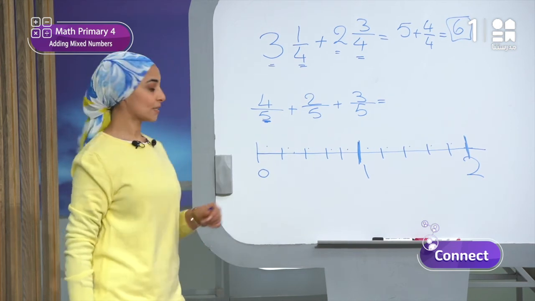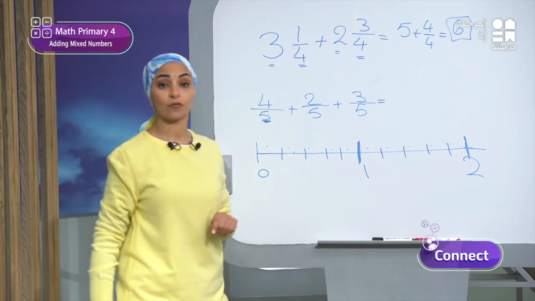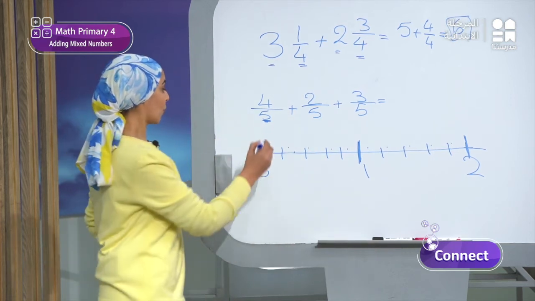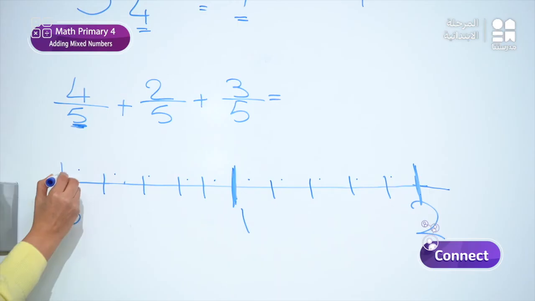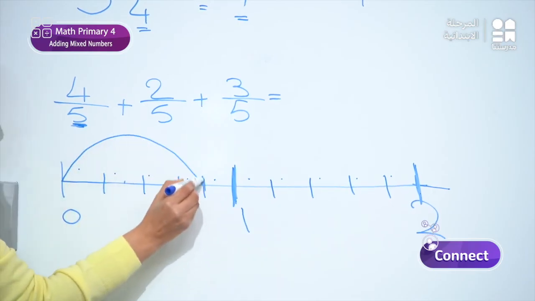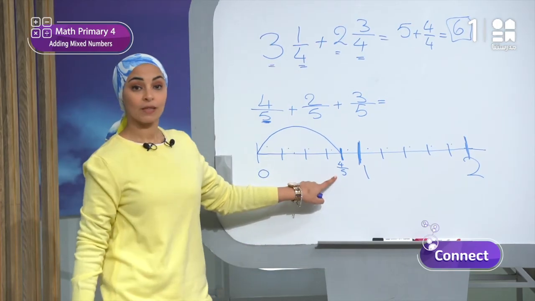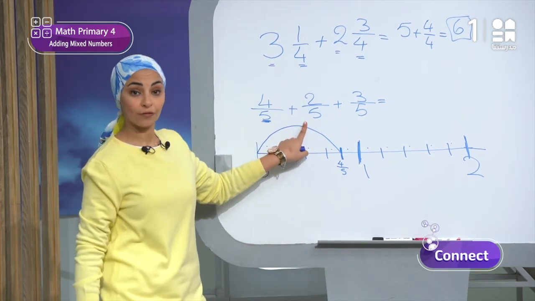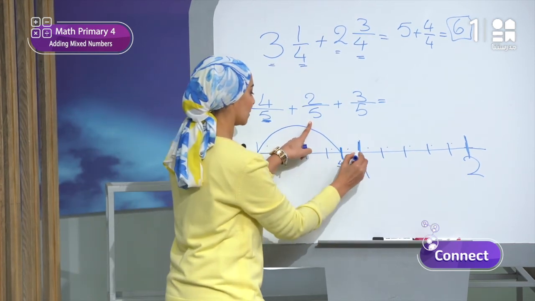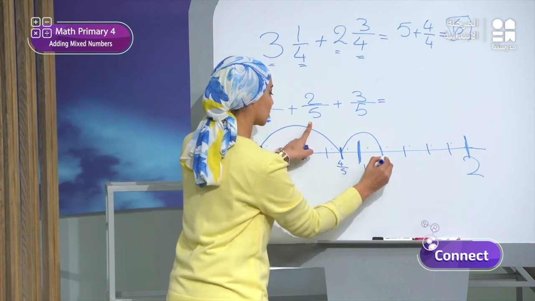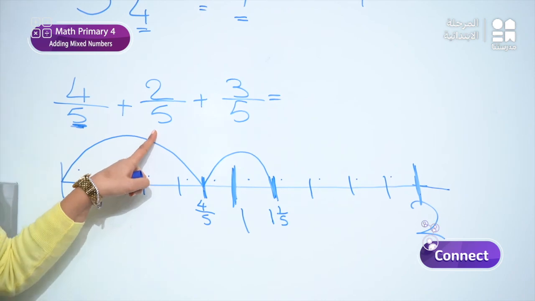Okay, طيب دلوقتي I want to add 4 over 5 plus 2 over 5 plus 3 over 5. What should I do? 4 over 5. So I will move from 0 till I reach 4 over 5. This is 4 over 5, right? Then plus 2 over 5, يعني I will move 2 steps. 1 and 2, I will reach 1 and 1 over 5, right?